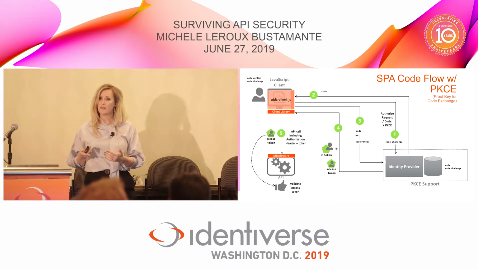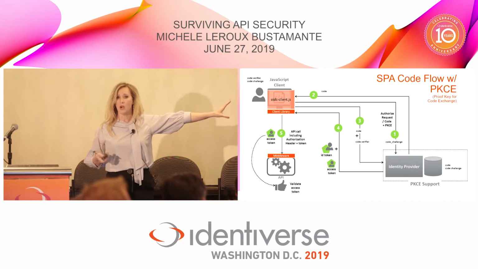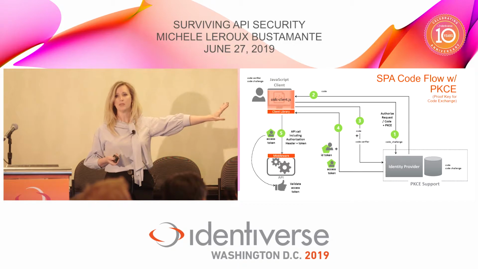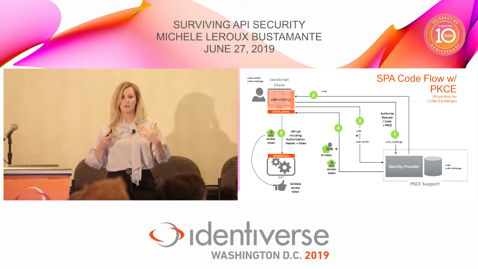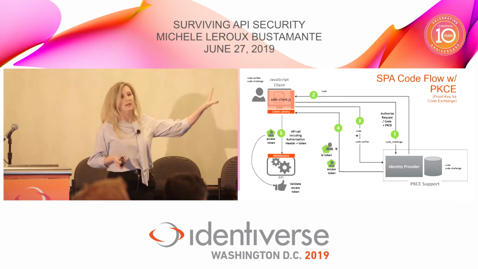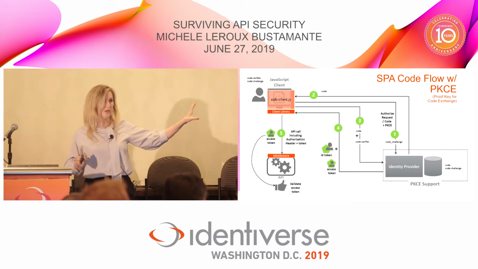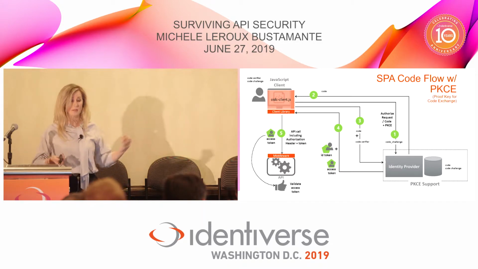So a lot of good stuff in there to reduce the surface area of what the developer has to know and coordinate with all of these workflows, right? So the message here is Code flow PKCE, use that for your SPAs, but secondly, there is middleware to help with that process so that we have the standard workflows, right? So all our teams can do the same thing.